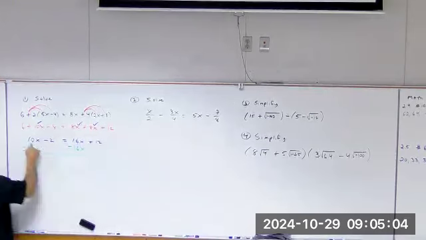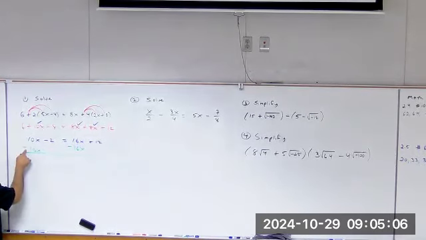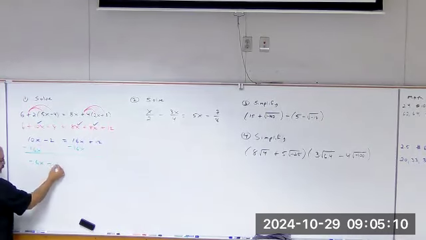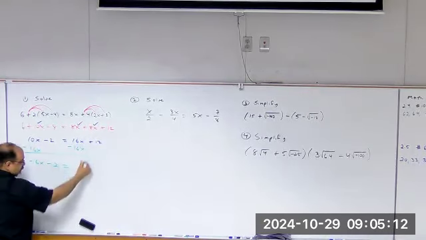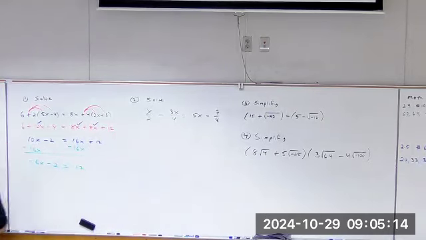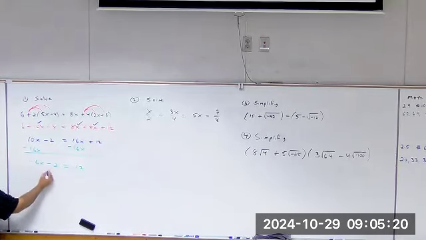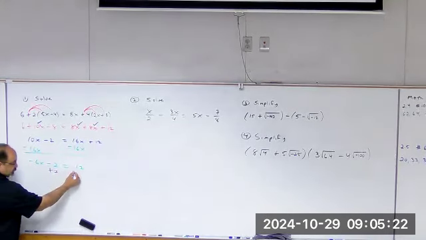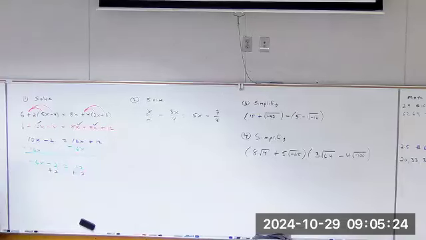Be careful with your signs. Positive 10x minus 16x is negative 6x, minus 2, still equals positive 12. And since the variable is going to be on the left, we're going to have to add 2 and take it over to the right.